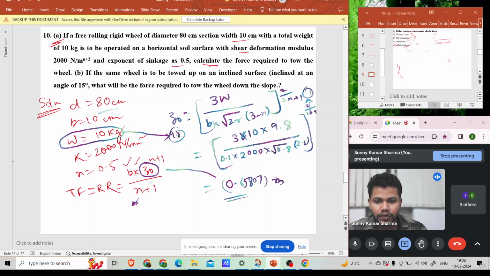This Z0 you put there, you will get the force required to tow the wheel. That is the towed force or rolling resistance.